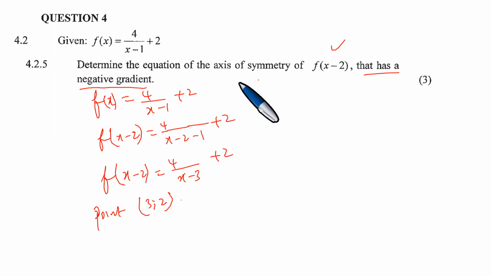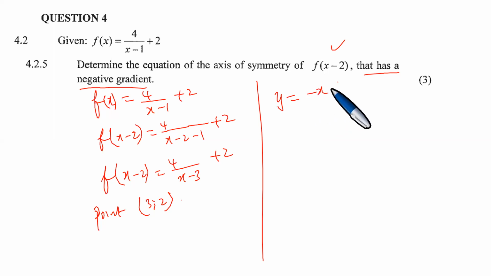And therefore, the point is 3, 2, x and y. Negative gradient means you have minus x plus c.